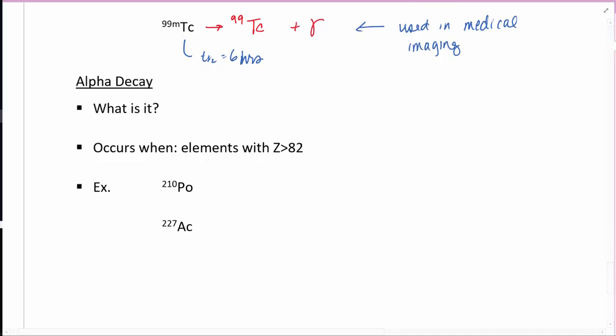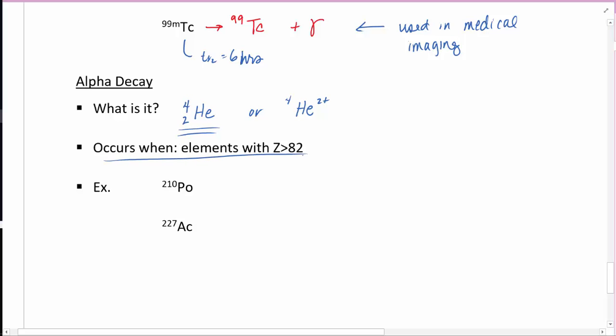All right, then last one here on this page, alpha decay, what is it? It is often written like this, an alpha particle. It's 2 protons and 2 neutrons. Or maybe a better way to think of it is like this. It's helium-4 2+. You might not always see it written that way, but it has no electrons. It's literally 2 protons and 2 neutrons.